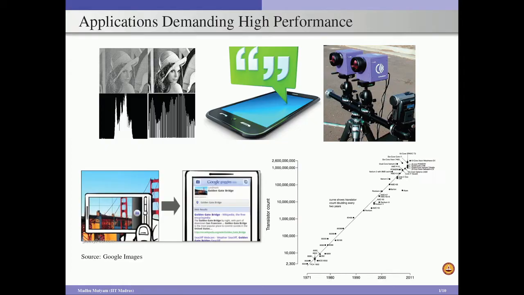Over a period of time, the number of transistors integrated on a chip has increased tremendously, and now we are at a stage where we can integrate billions of transistors on a single chip.